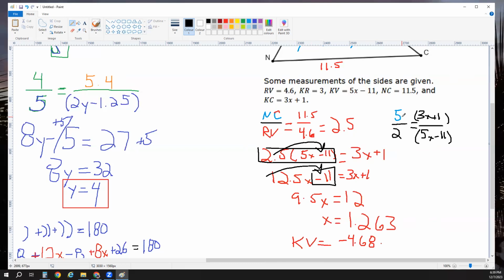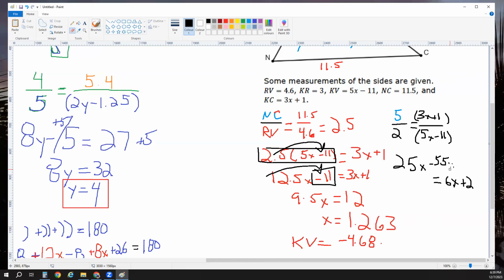So when I multiply here, I go 5 times 5 is 25x. 5 times 11 is 55. Okay. And that's going to equal 6x plus 2. So that is the proper calculation. Well, it's not 55x, it's just 55.